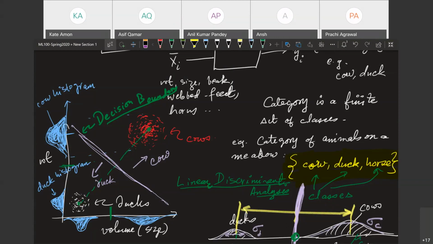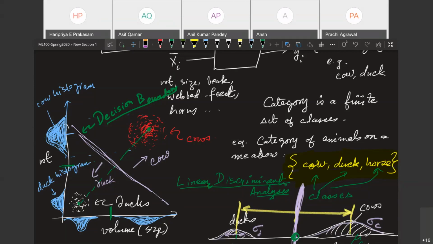Any data point found on the lower side of the decision boundary will have to be called a duck. Any data point found on the upper right-hand side will be called a cow. So that makes for a classifier.